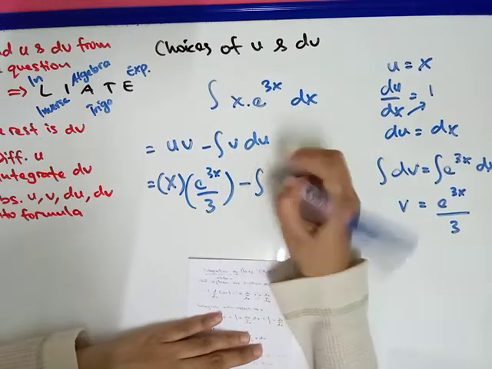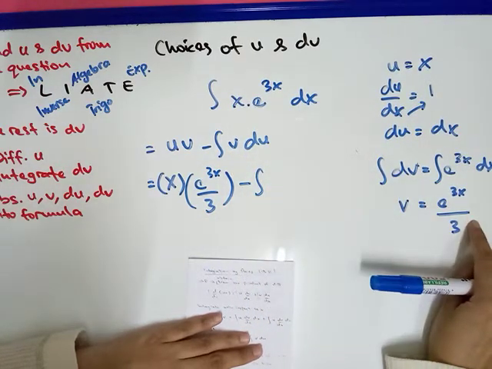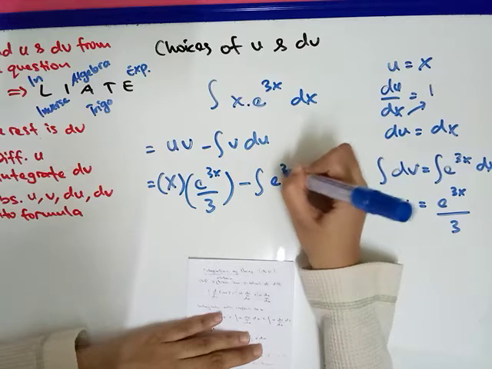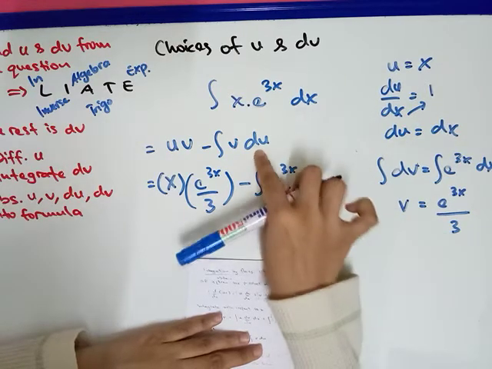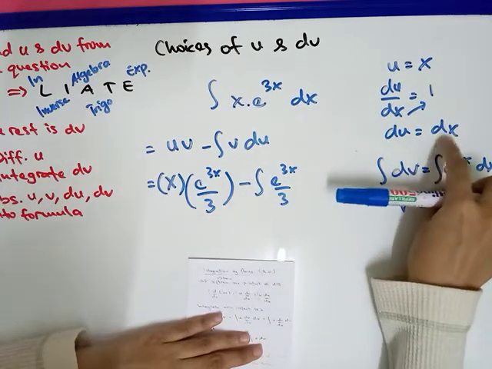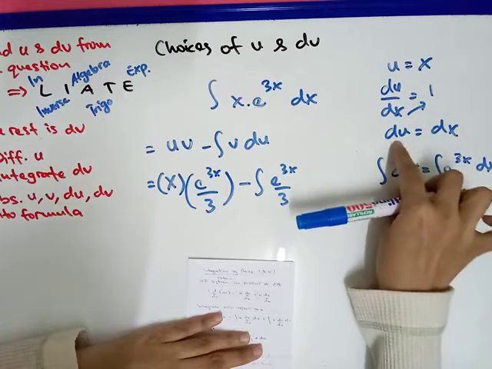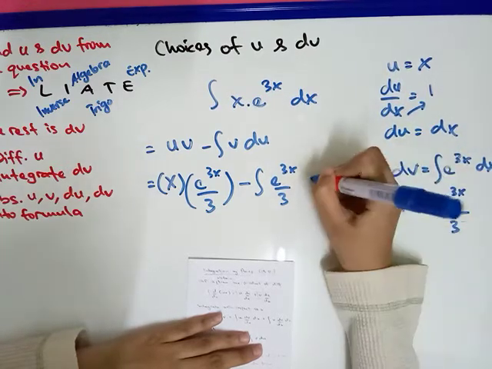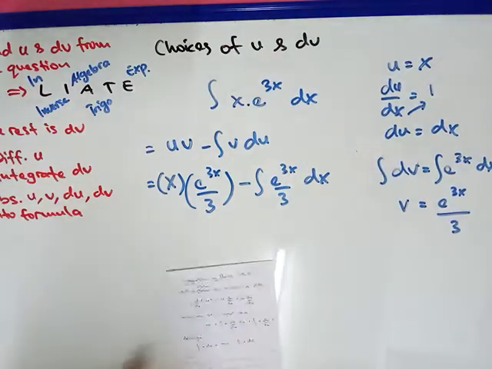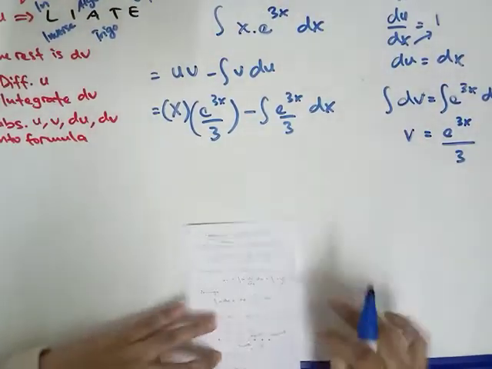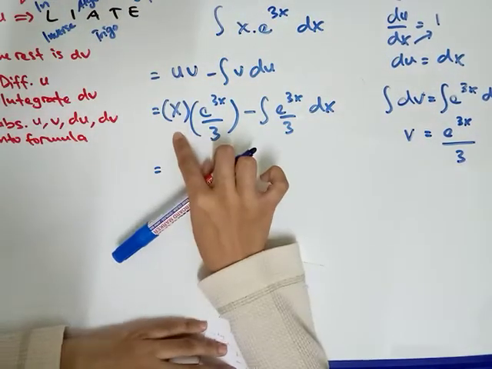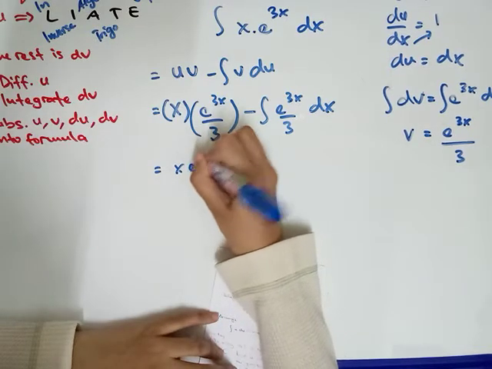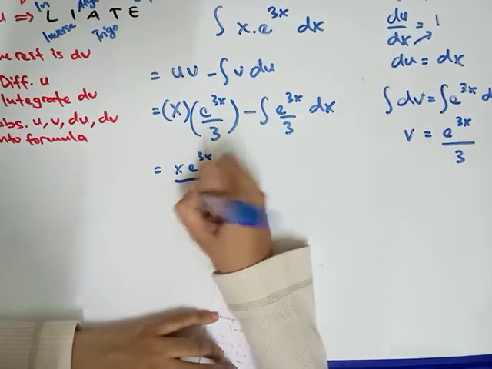Minus integrate v, which is exponent 3x over 3, du. What is du? This one, dx. For this one, we need to make du as a subject. So du is equal to dx. And then x exponent 3x over 3.